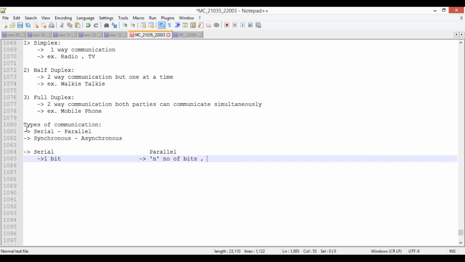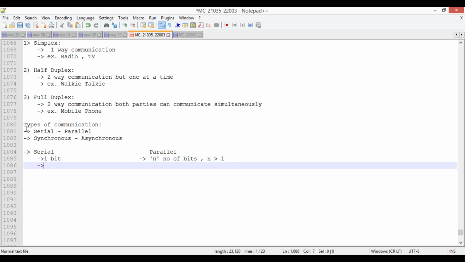So the n value could be more than one, correct? N number of bits are getting transmitted. Which one is faster, which one is slower, people? Obviously, among serial and parallel, serial is slower and parallel is faster, right?